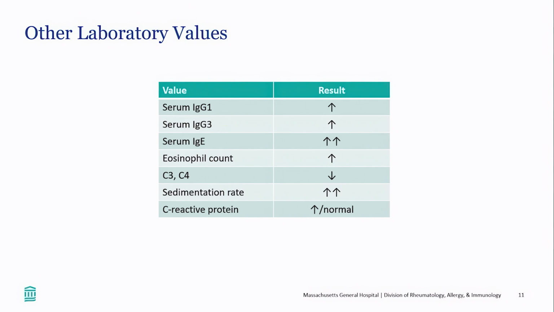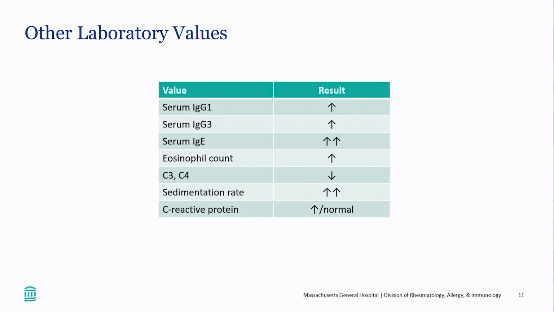IgE can be elevated and sometimes can be extremely elevated. The eosinophil count is often elevated. The complement components, C3 and C4, are very often low. And inflammatory markers, in particular the sedimentation rate, or ESR, very often elevated, whereas the other inflammatory marker we usually check, which is the CRP, is usually normal or only very mildly elevated.